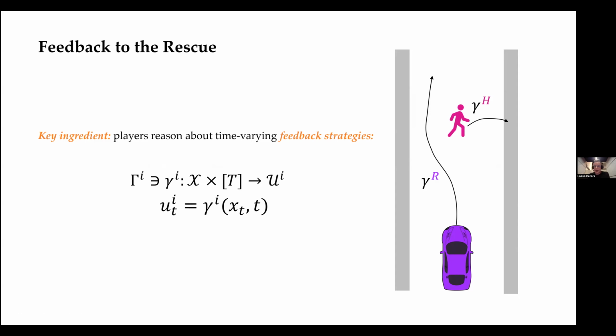And the nice thing about a feedback strategy is that even if we fix a player's feedback strategy, that can still result in different states and inputs for that same player, depending on what the opponent does, right? So if this feedback strategy says, I will always keep a certain distance from the robot, and have some PID controller tracking my goal, for example, then with a fixed strategy for the human, the robot can try out different trajectories, so to say, and reason about how the human's trajectory changes.